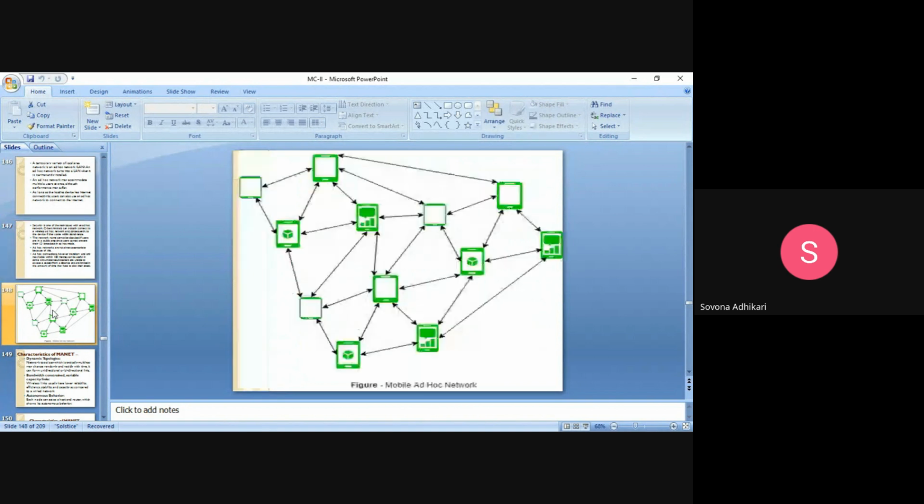So what you see here is the mobile ad hoc network. You see there are several nodes.